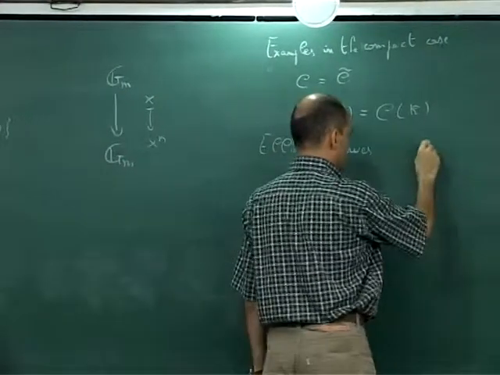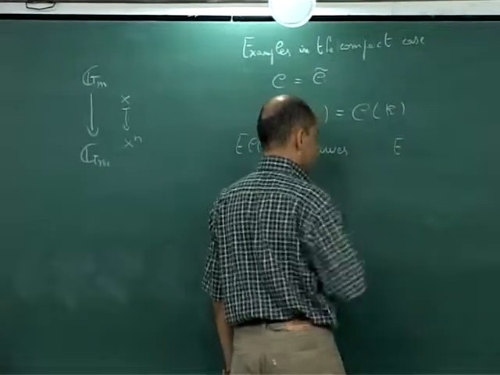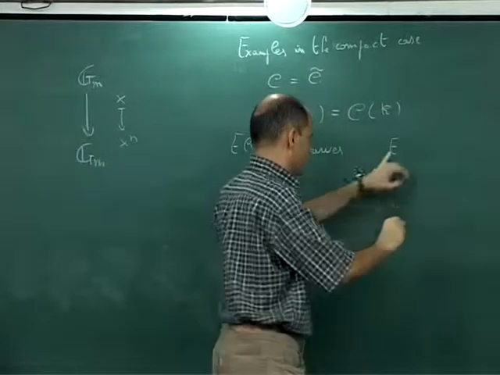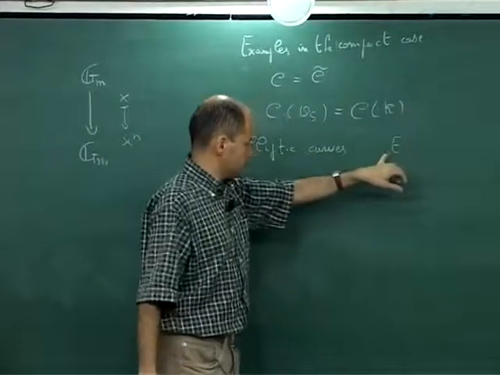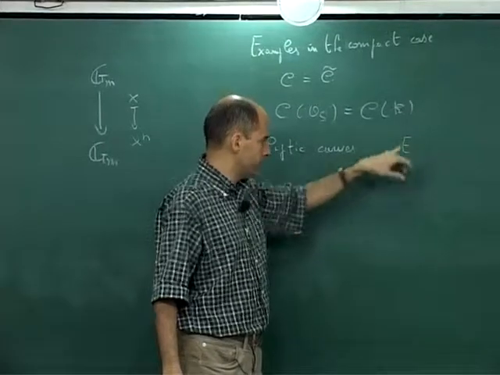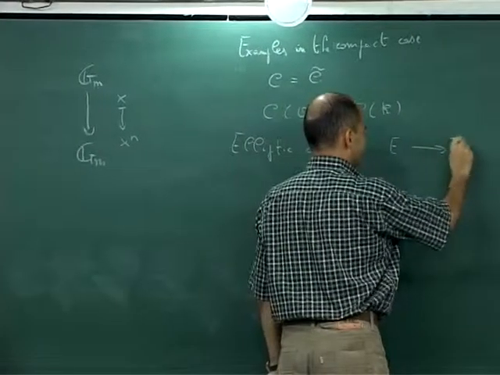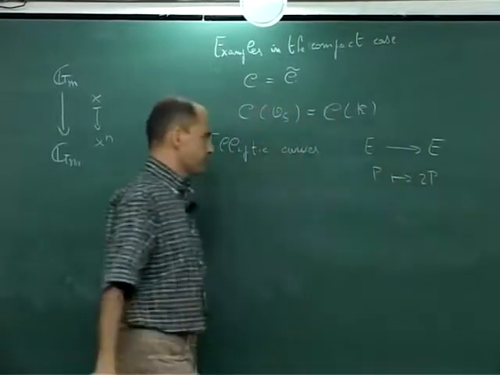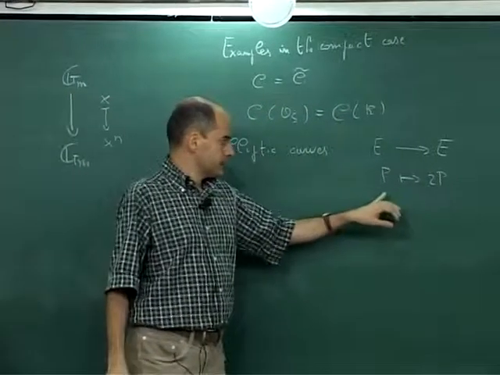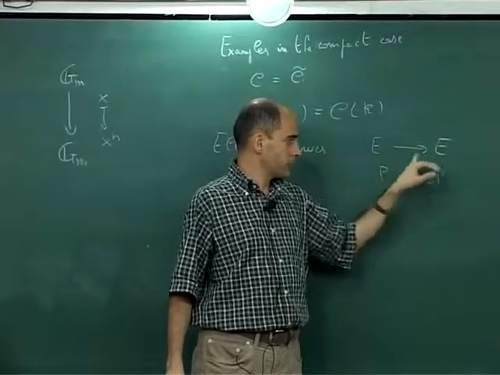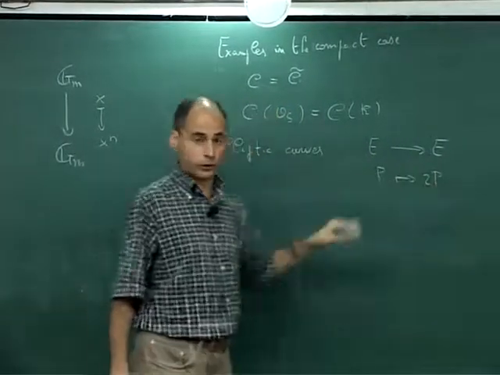So take E an elliptic curve and consider the unramified cover of E given by E itself, for instance the multiplication by two map, with respect to the group law on the elliptic curve.